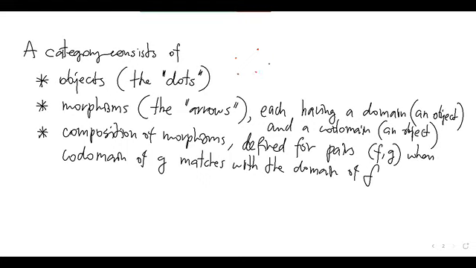And then the morphisms will be arrows on the picture, where the object from which the arrow goes out will be called the domain of the arrow, and the object where it goes into will be called the codomain. Another terminology for the same thing is source and target.